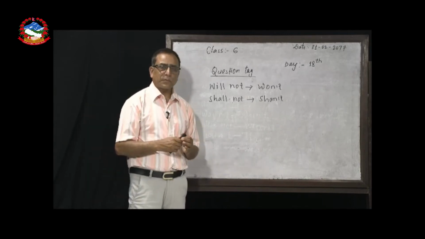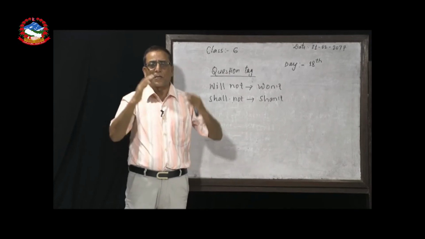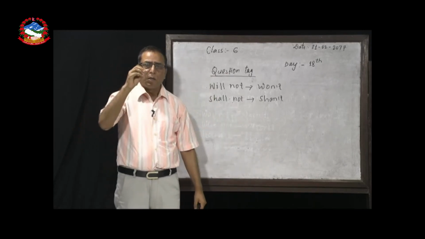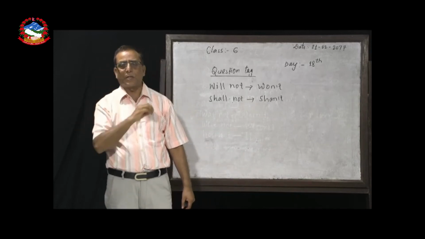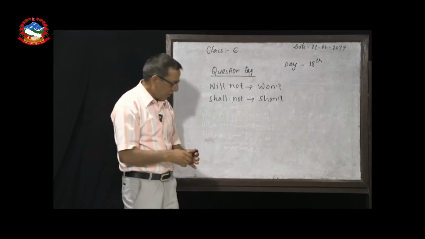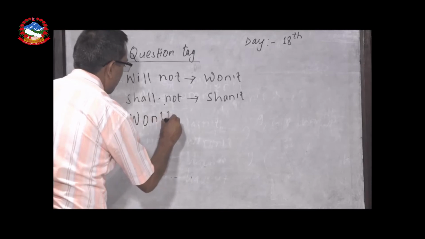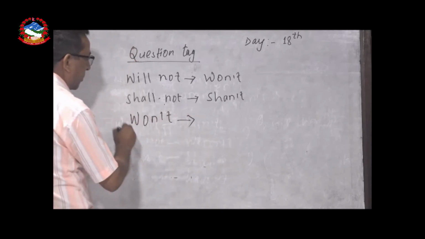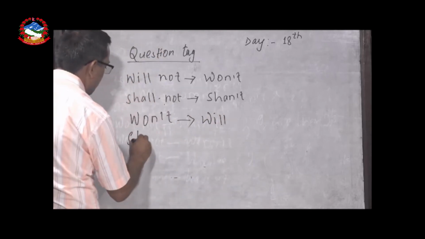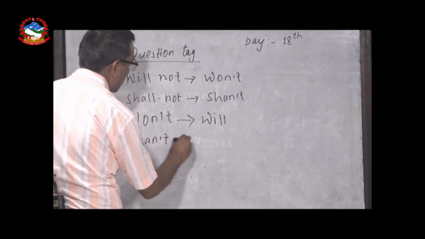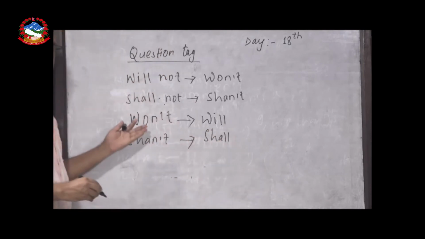But if the statement is negative, you should change the negative to the positive. If the statement is negative, the tag should be positive. Won't, will; and shan't, shall. Clear?